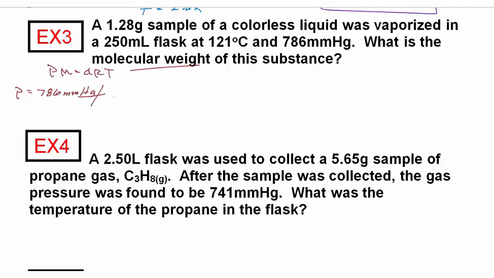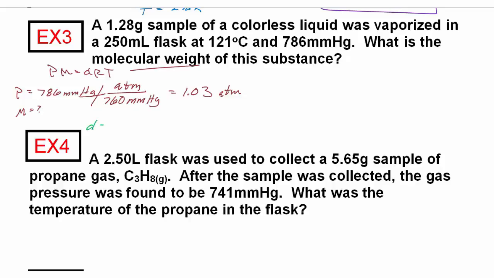Wrong units though. Let's divide it by 760 to get it into atmospheres. 786 divided by 760, about 1.03 atmospheres. M is what we're trying to find.